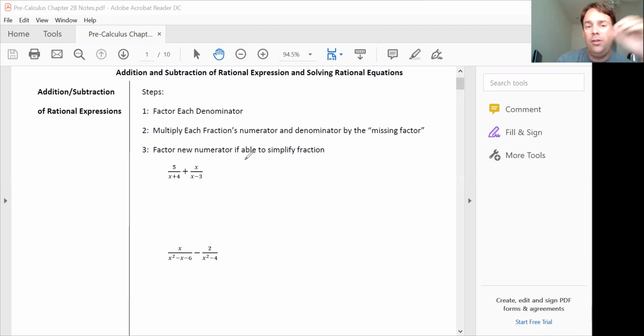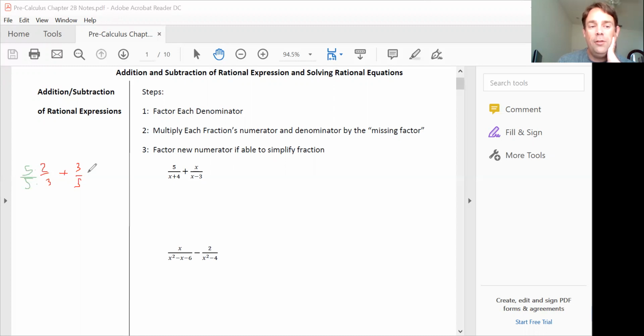So when we're dealing with these guys, one of the big things we always got to make sure we do, just like with any fraction, so like say 2/3 plus 3/5, we have to make sure that we always get them over a common denominator. One of the easiest ways to do that is just look at the other denominator and multiply the top and the bottom by that same denominator. So essentially we're multiplying by 1.